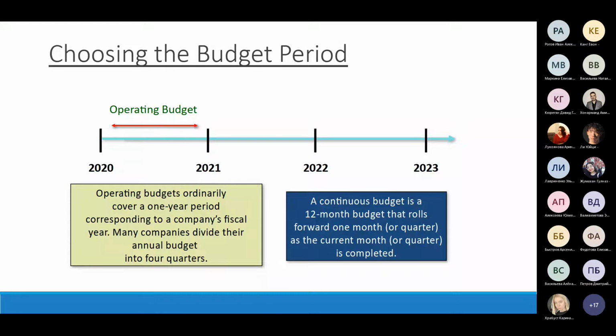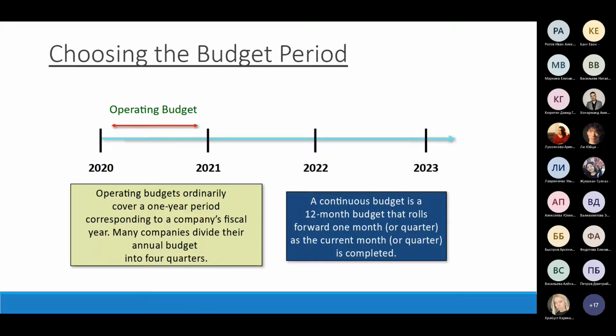For example, a continuous budget will start on the 1st of January, but on the 1st of February it will be rolling forward 1 month, and our new budget period starts on the 1st of February till the 31st of January. So rolling budget means that this process never stops.